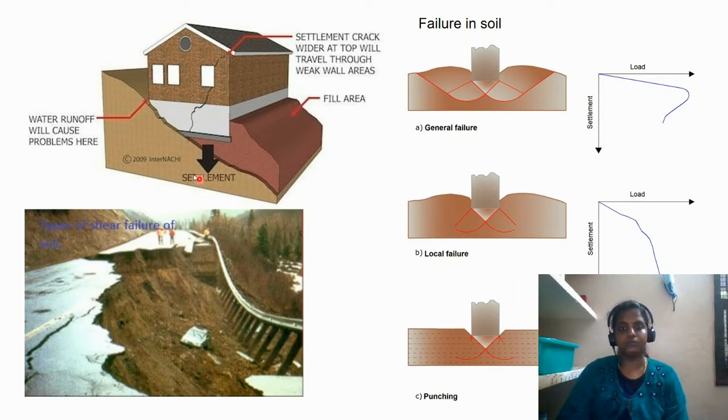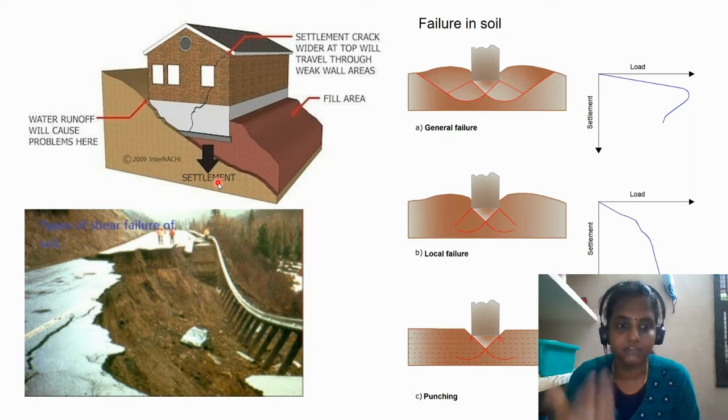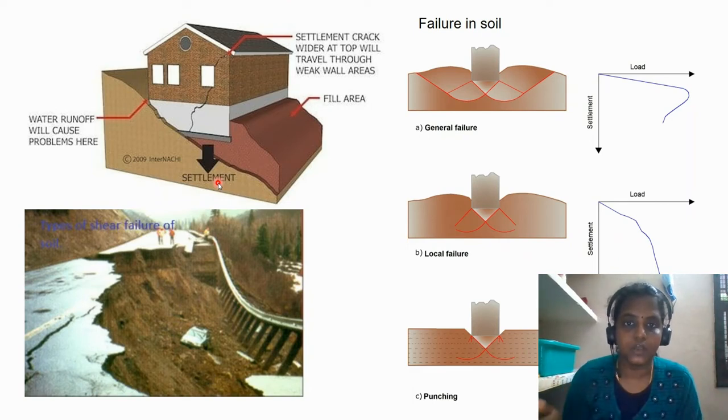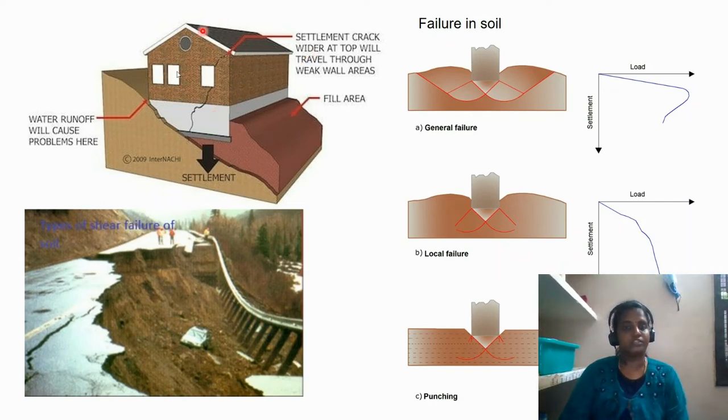When the settlement is beyond our guidelines, we term that the soil has failed. Because of that settlement there will be a lot of cracks in our structure, the serviceability of the structure will be lost, and the structure will not be used further.